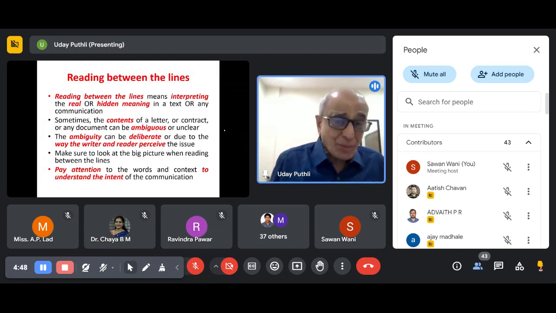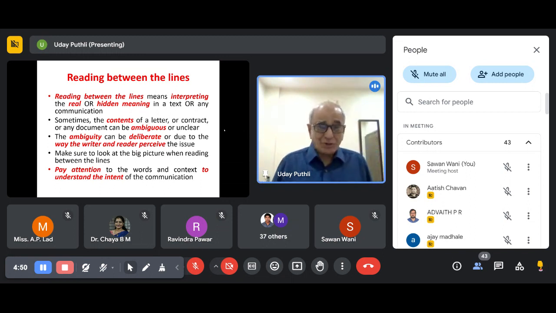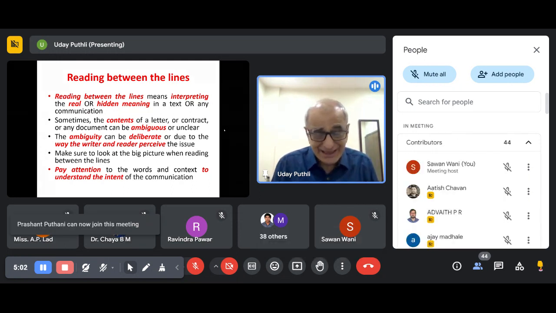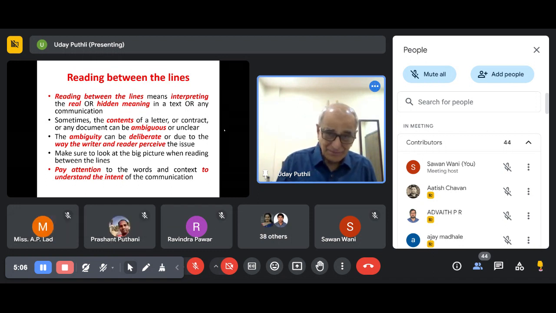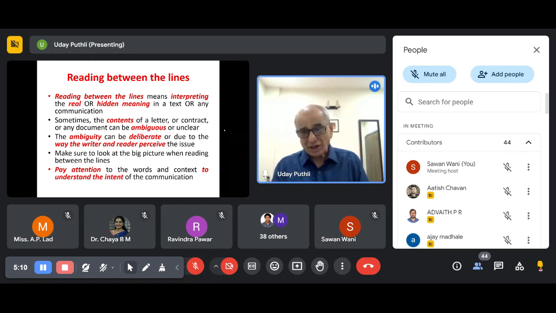We were talking now about reading between the lines, and I will talk a little more all over again, because that is where we had stopped. Now, very often when people say something, they say it in a way which can be interpreted as something else. There are many reasons for it, which we shall see as we go along.